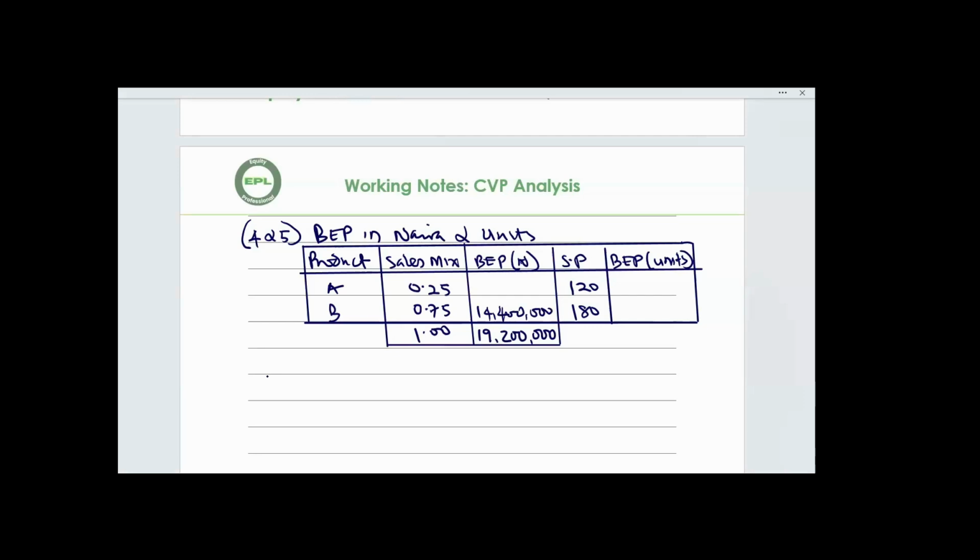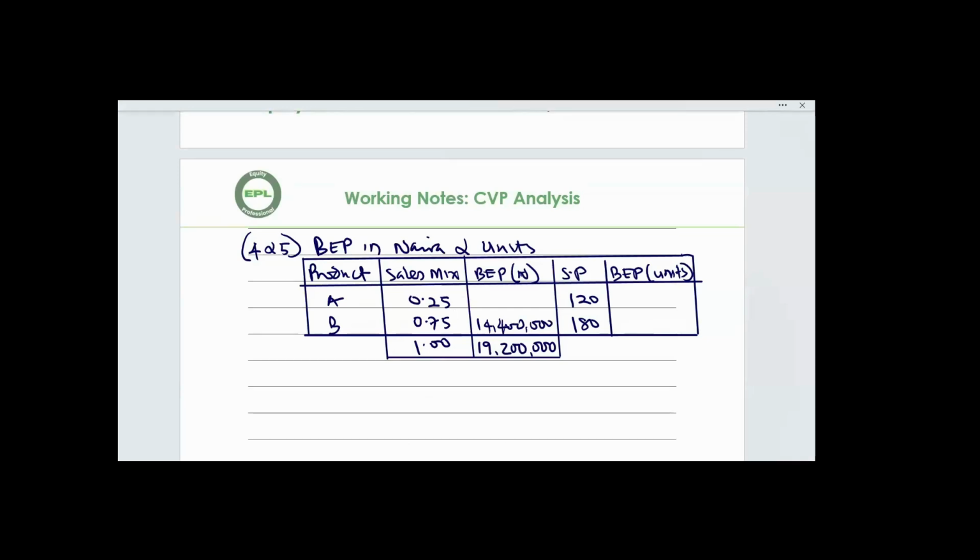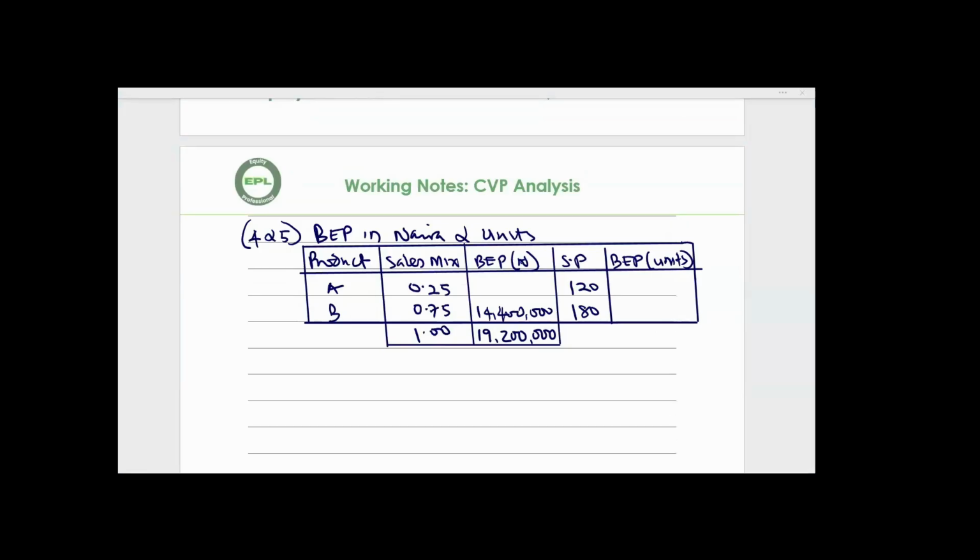So to now get the break-even point in units, you are supposed to divide 14,400,000 by the selling price. So divided by 180, equals 80,000 units.